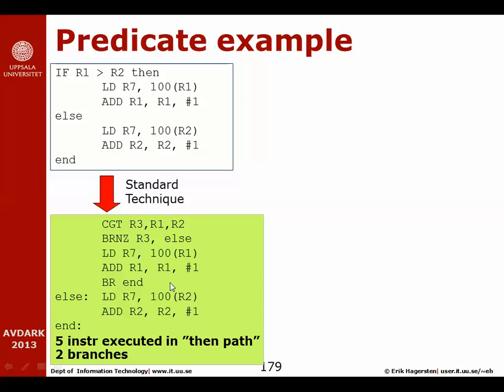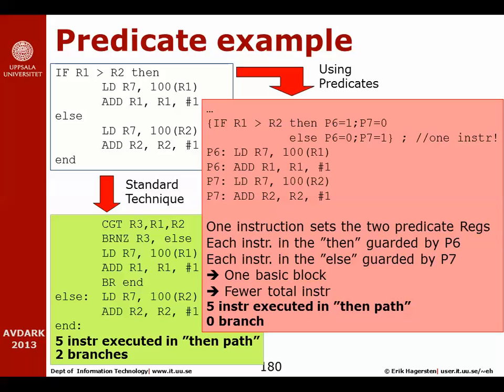If we instead use predicate registers to execute the same code, this is what it will look like. We have one instruction that sets predicate register values, and that in one instruction would look something like this. If R1 is larger than R2, then set some value in one predicate register to 1 and in its corresponding predicate register to 0, else vice versa.